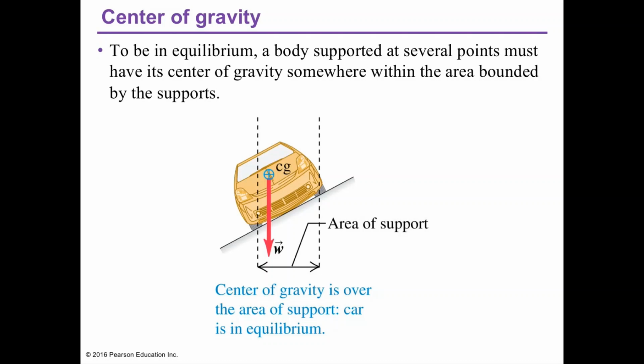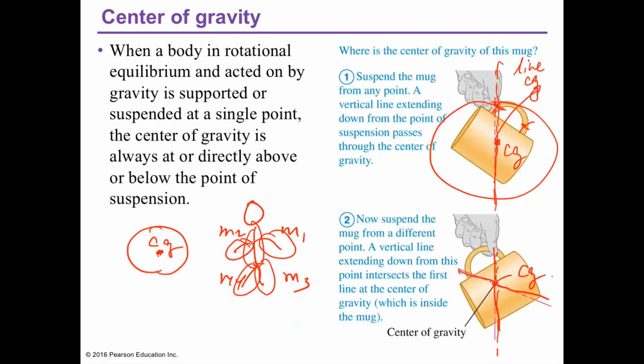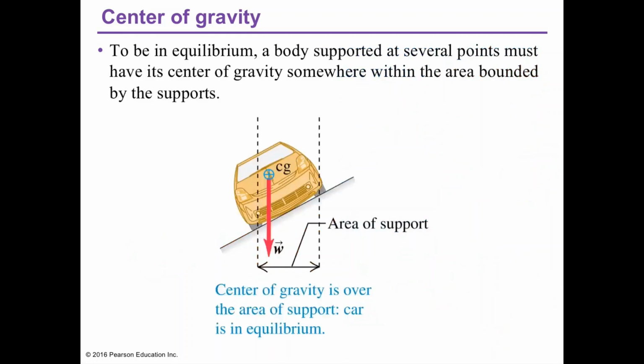The body would not be in rotational equilibrium; it would start rotating or tipping over. So we can use that to determine the center of gravity of, for example, an irregular body like this mug here, using the same reasoning.